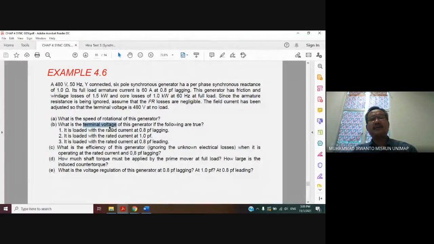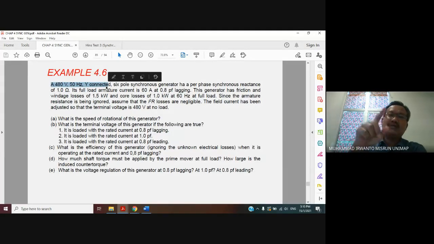Okay. Look at this one, it is 400 volt. The synchronous generator connection is Y. Y connection, and the voltage is 400 volt.